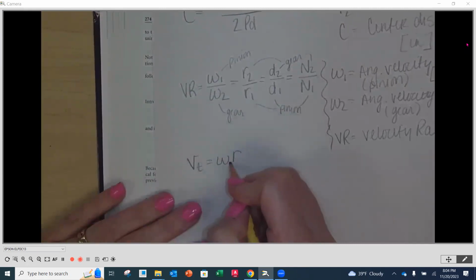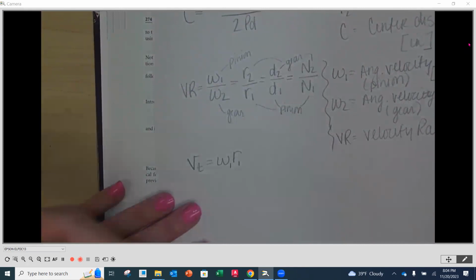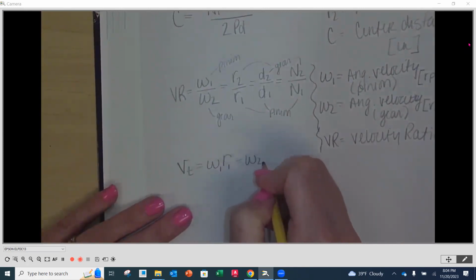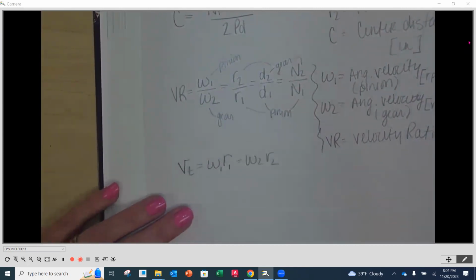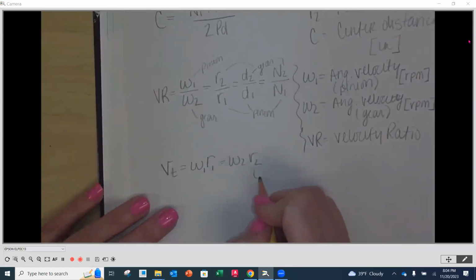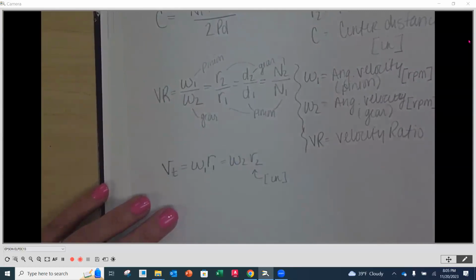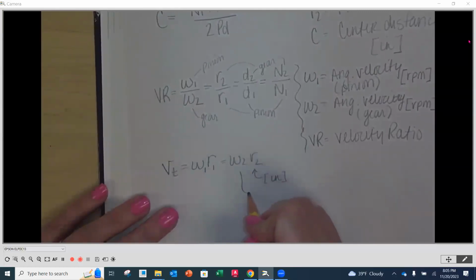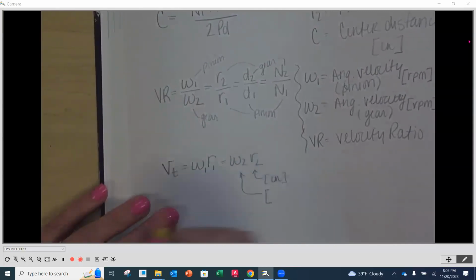So for instance, if this is a W1, this has to be an R of that same gear. If it's a W2, it has to be the R of that same gear, an R2. Okay, now, tell me the units of our radius. Our units are going to be what? Inches, right? But what are our units of W2?